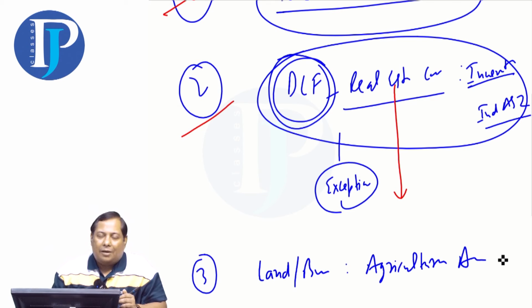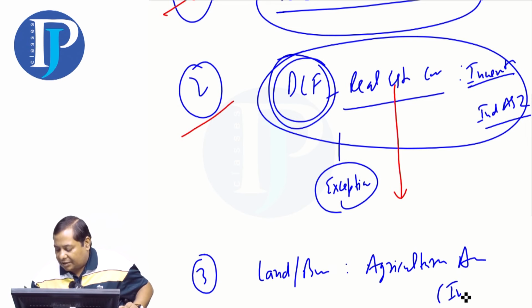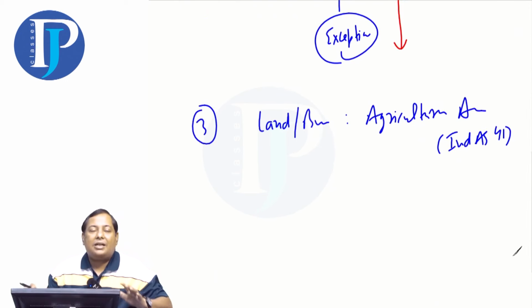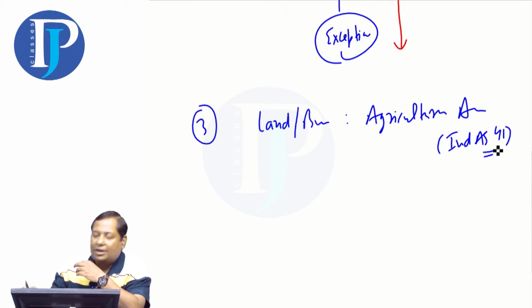Understood? If any land and building is being used for agricultural activities, then we will apply Ind AS 41 to it. Ind AS 40 does not apply here. Follow the guidance of 41. So for agricultural, it is 41.